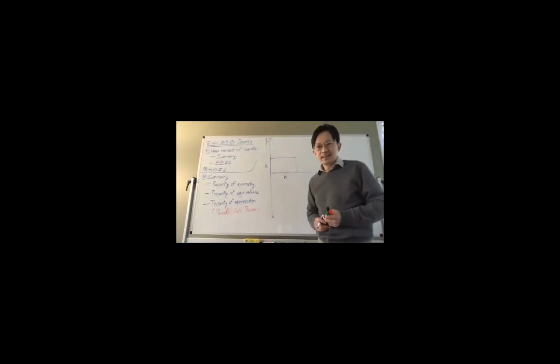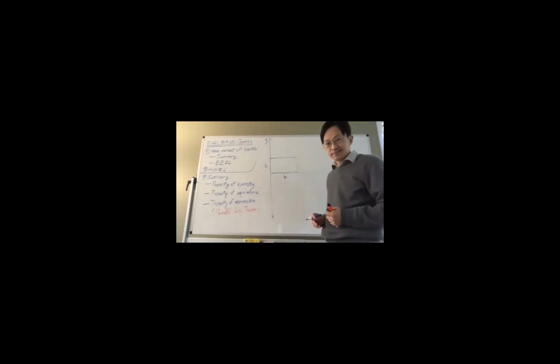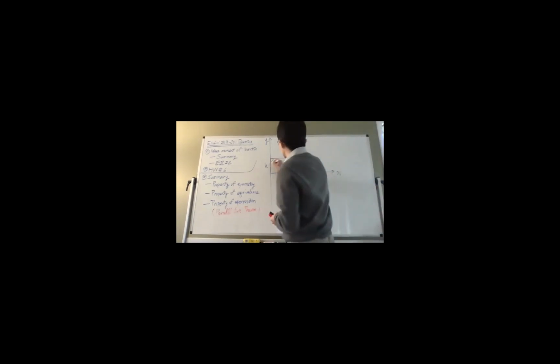I don't remember offhand. I'm sorry, let's go to your notes. Angela? Base times height cubed over 12. So this result is for this shape, which is this one here.